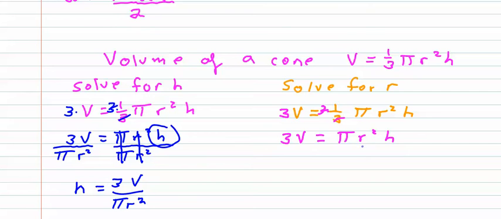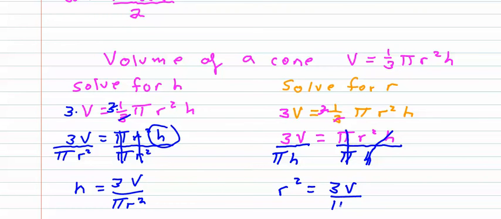I then want to get the r squared by itself. I divide both sides by pi h. Pi, because I want the pi's to cancel. H, because I want the h's to cancel. And I now have r squared equals 3v over pi h.